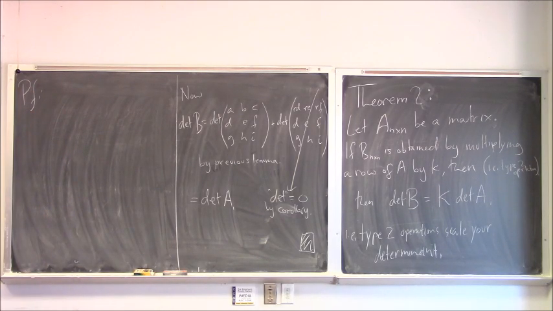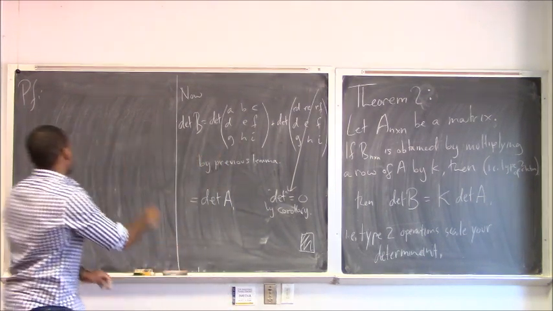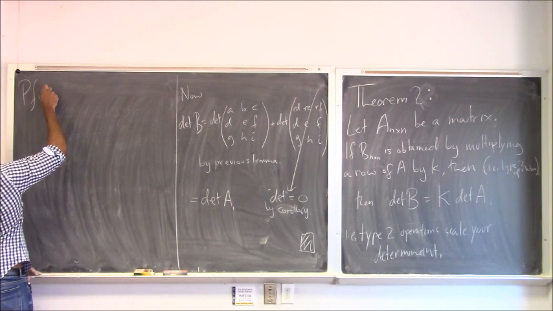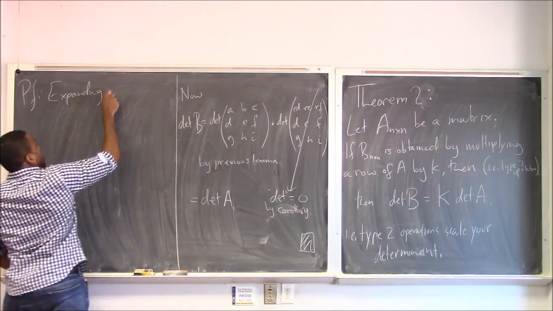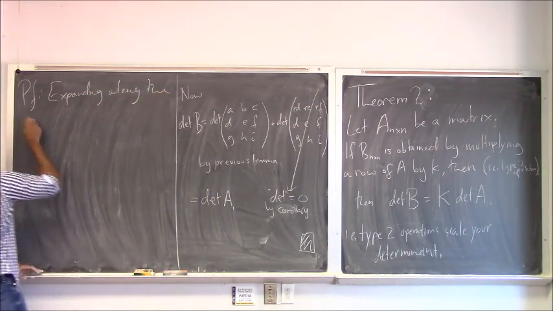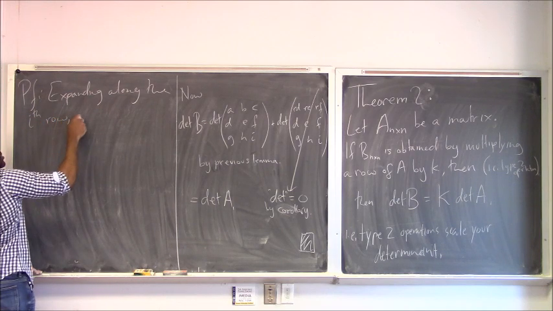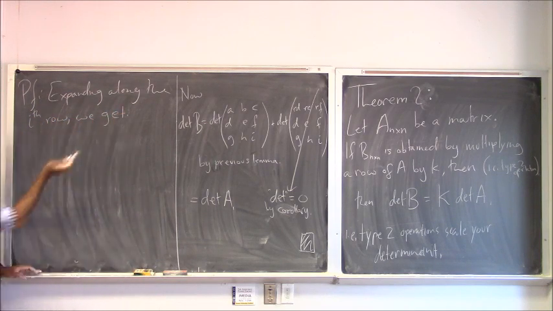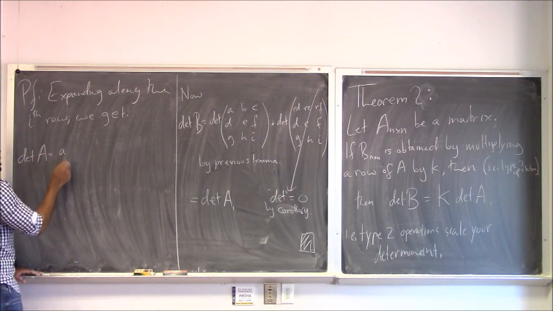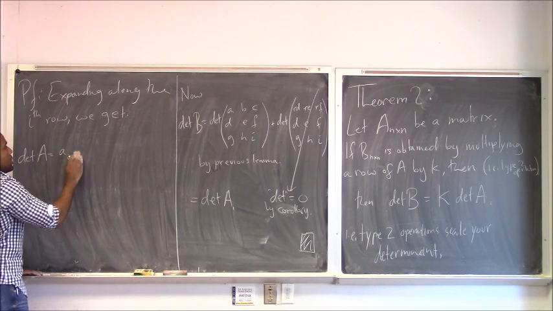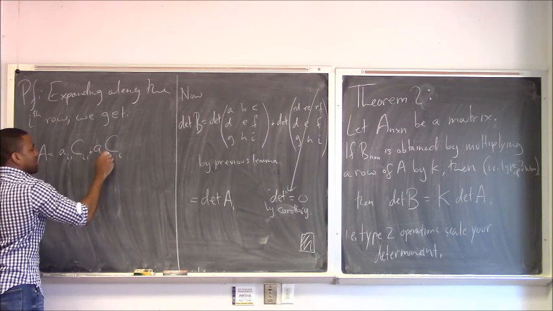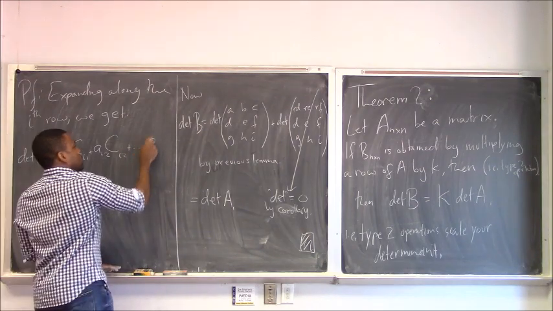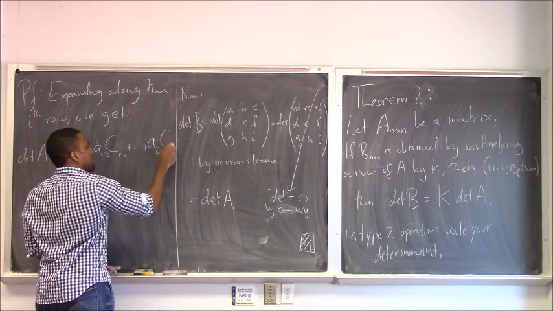The proof here is easy based on the definition of the determinant that we have. So we know, expanding along the ith row, where i is just some arbitrary row, we already have the formula for this. The determinant of A is going to be a_i1 C_i1 plus a_i2 C_i2 plus all the way down to a_in C_in.